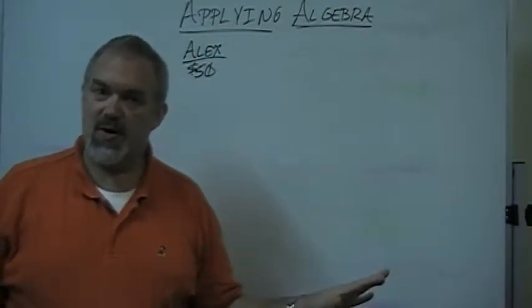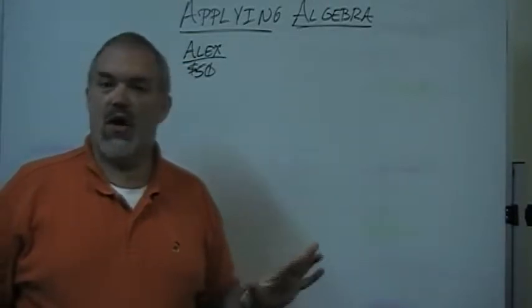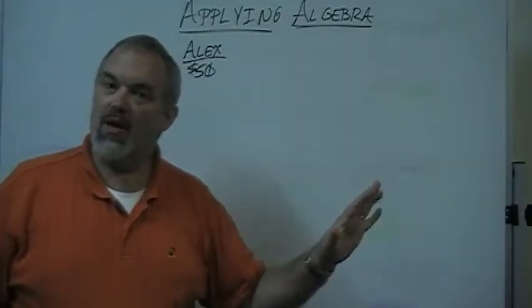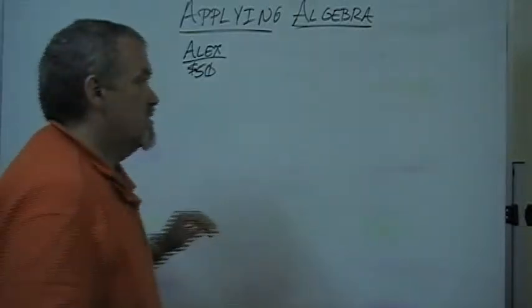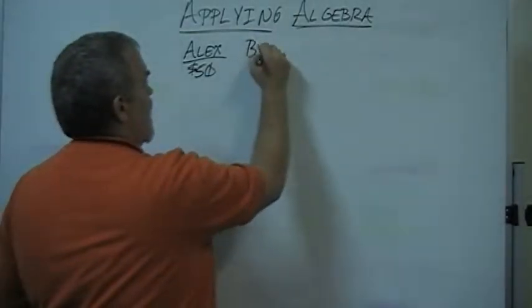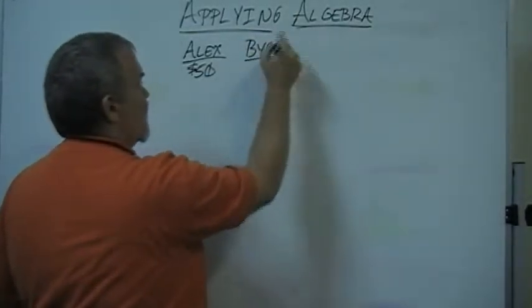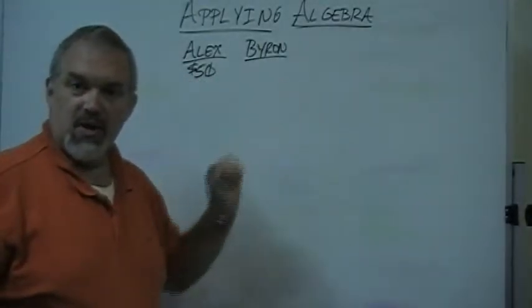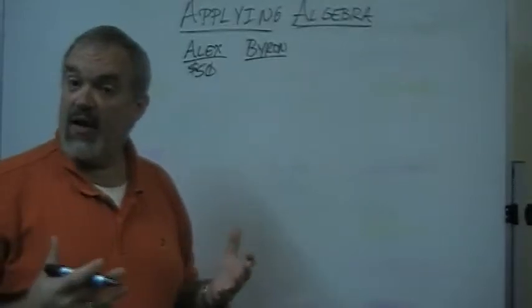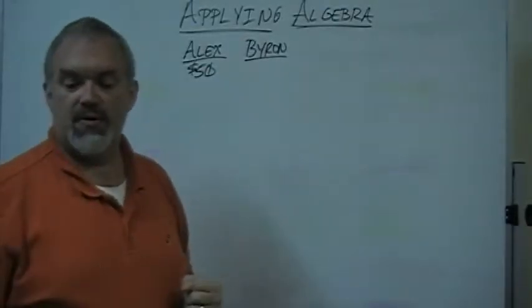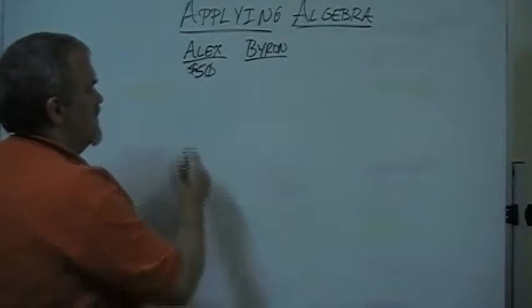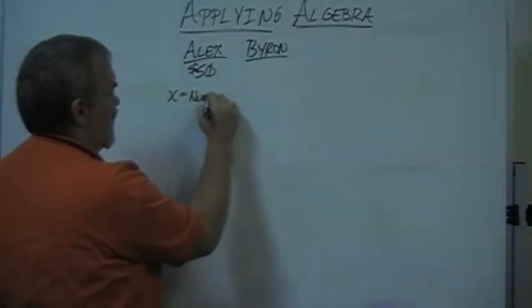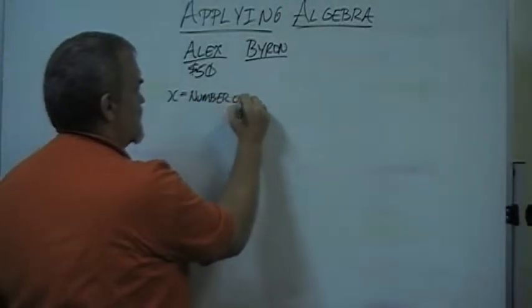Byron takes the second choice. The second choice says it costs $20 to get in, and then every ride you ride costs $2. Because it's always important when we're doing algebraic modeling to define what our pronumerals or our variables are, we're going to say x equals the number of rides.